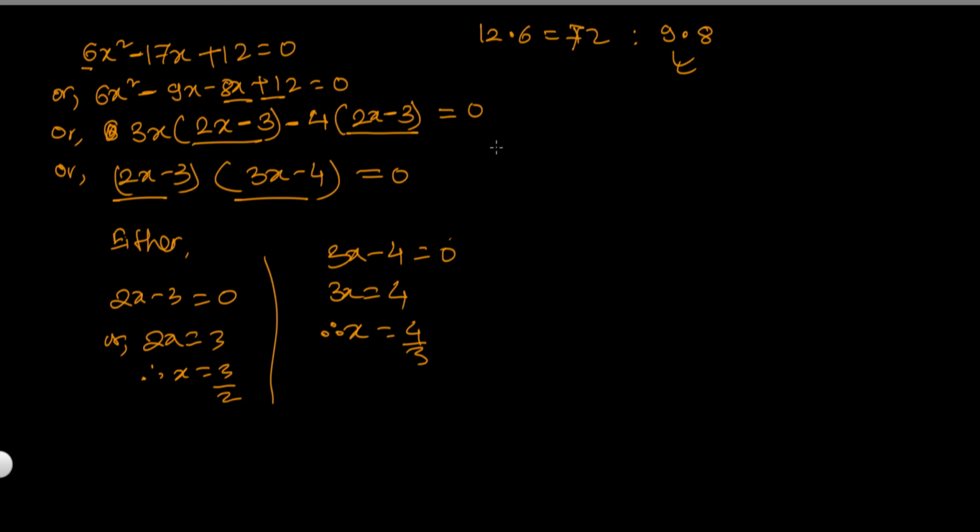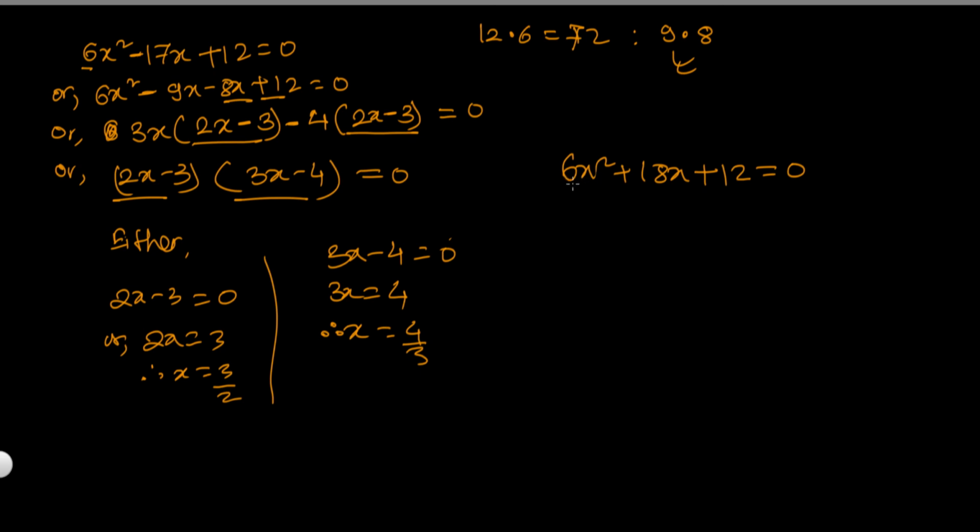However, let me make you clear about one other problem. Suppose I have 6x squared plus 18x plus 12 equals to 0. In this kind of expression, always take the common factor out. Whatever the common is, take it out of all three terms.